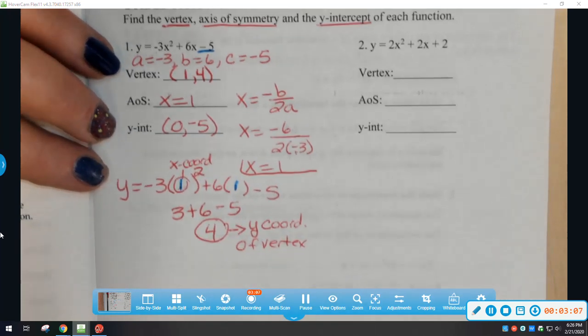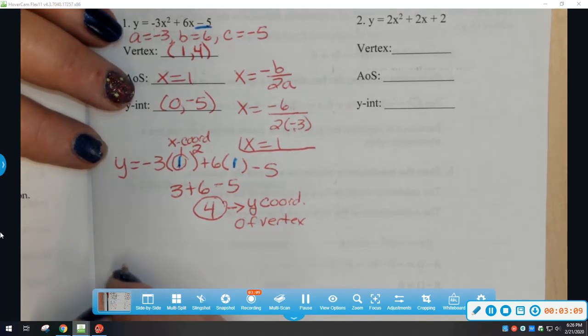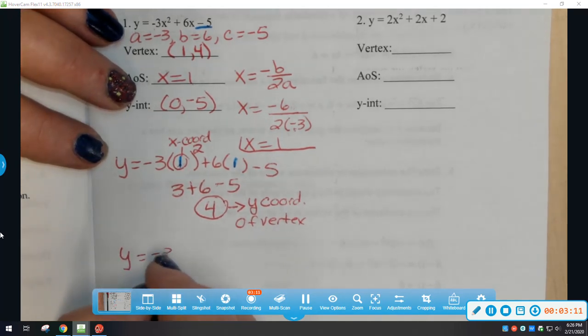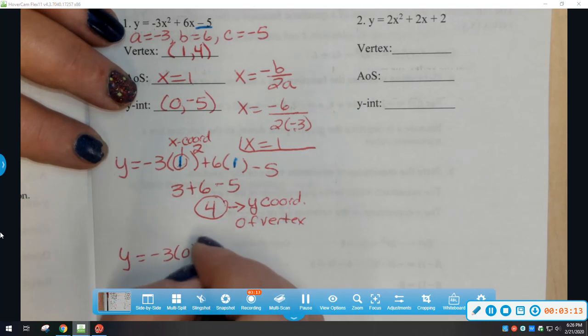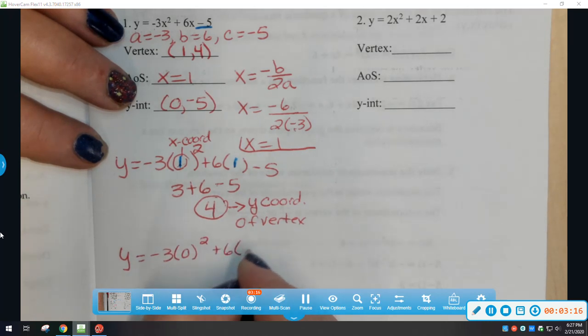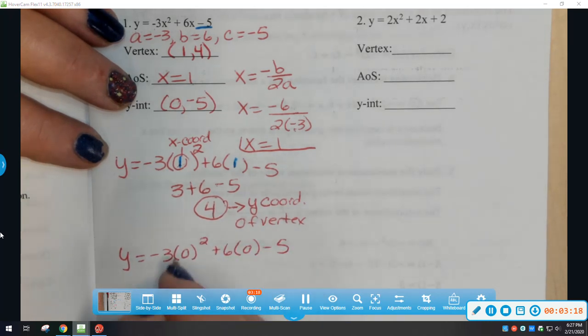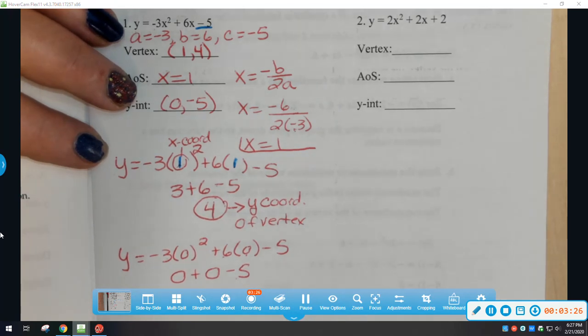It's 0. So if we were to plug in 0, that's 0. 0, 0 times 3, 0, 0. What's y equal to? Negative 5. Negative 5 is our y-intercept.